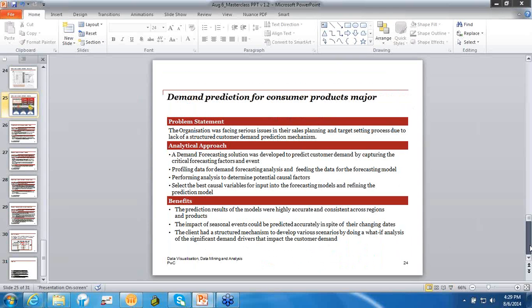Similarly, you can figure out based on the affinity of a set of products whether an association is there for a number of products which can be sold together, because this can be very easily used for both cross-selling and upselling, and also for influencing sales promotions.